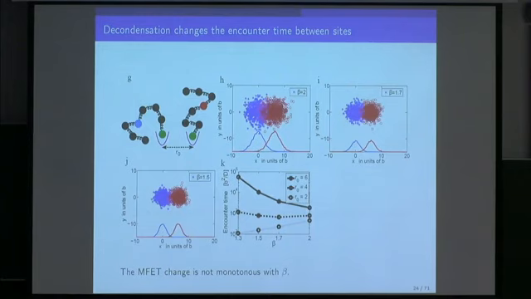Okay, so what are the consequences of all of this on the encounter time between two monomers? So again, we performed some Brownian simulation. We have two monomers at a distance r0 from one another, and we want to see what happens when we change beta or change the condensation level of our polymer.